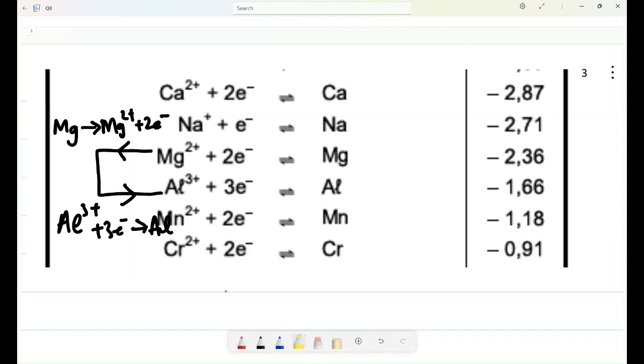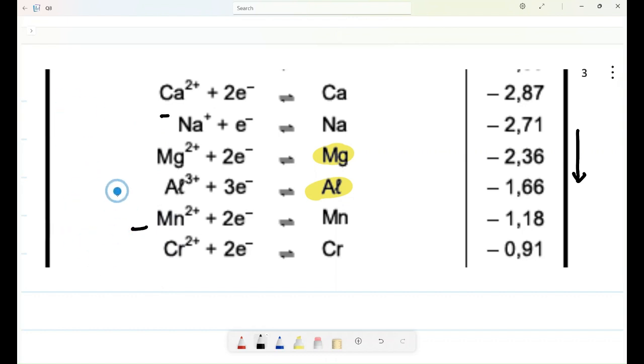So we are comparing between what? We are comparing between magnesium and aluminium. Now, it goes like this. This table here on the side, we had something like, in here. Okay, let me remove this.